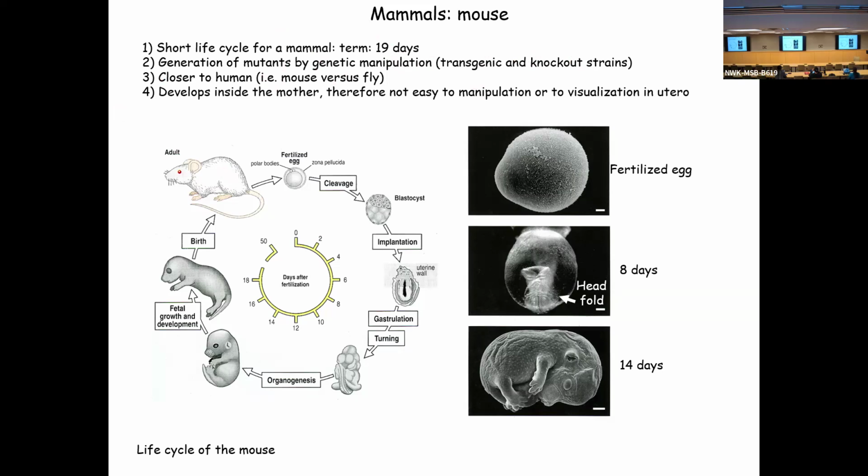All right. So if we want to use a more closely related system, I would use the mouse, and then if I want to get very close to human, I could use a large model, for example, a monkey or a dog or a cat, etc. We can always step up in the complexity of the model before going into clinical trials, for example.